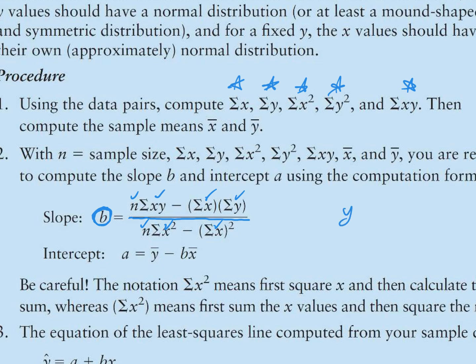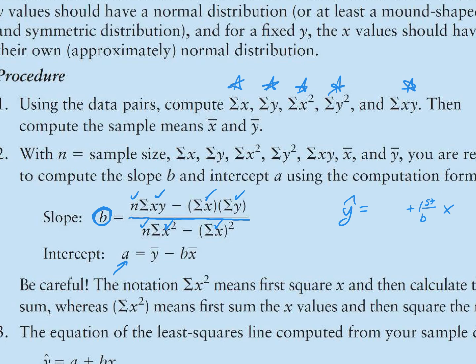So if you think about it, our formula is y hat is equal to some number plus or minus some number x. You're going to find that b first. You must find the slope first. Why do you have to find it first? Well, let me tell you. The second thing is the a. That is the number that goes here where I just put that star.